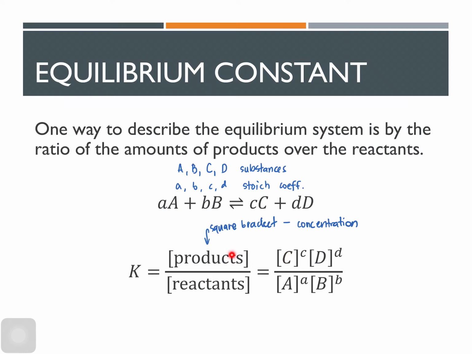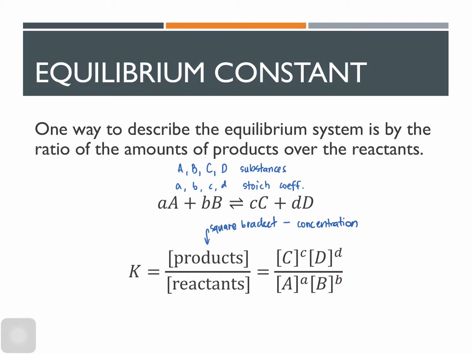Because C is on the product side. That's the concentration of C raised to the stoichiometric coefficient of C, the small letter c, times the concentration of your substance D raised to its stoichiometric coefficient, all divided by your substances on the reactant side. That is the concentration of A raised to a, concentration of B raised to b. So that's the idea.